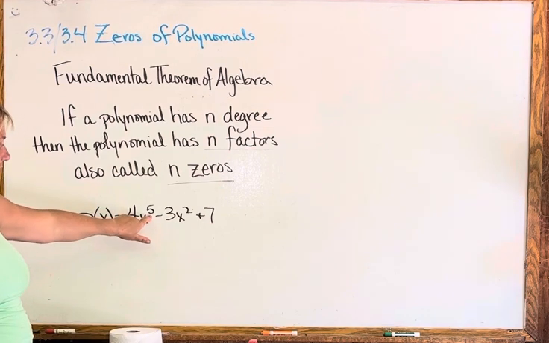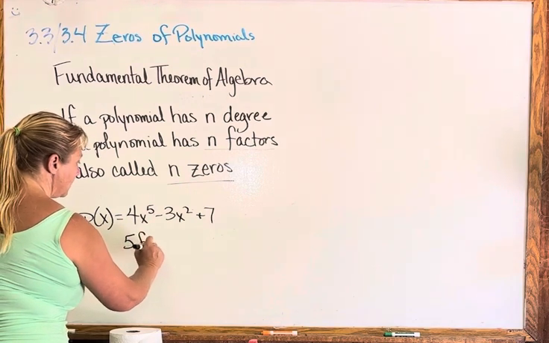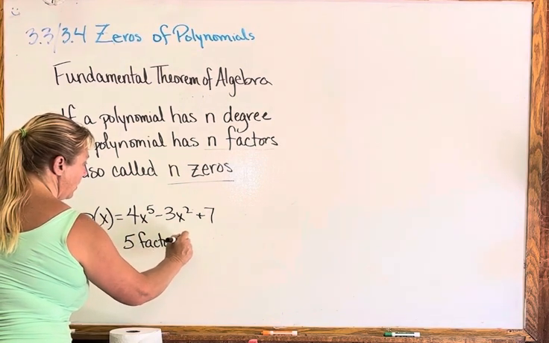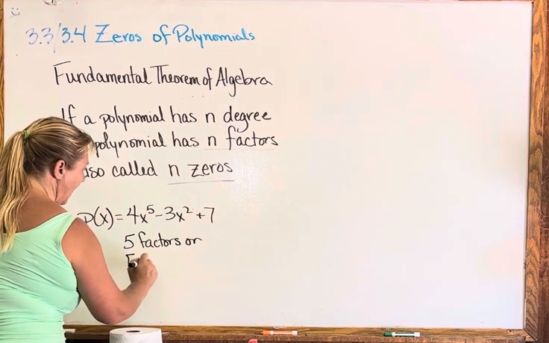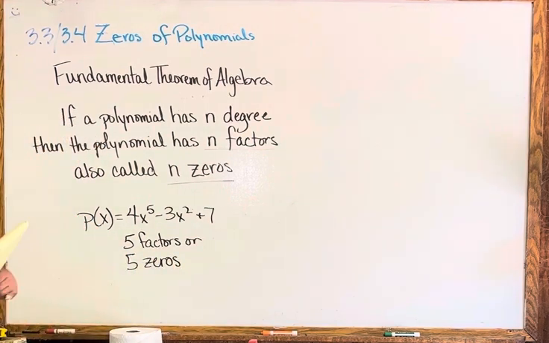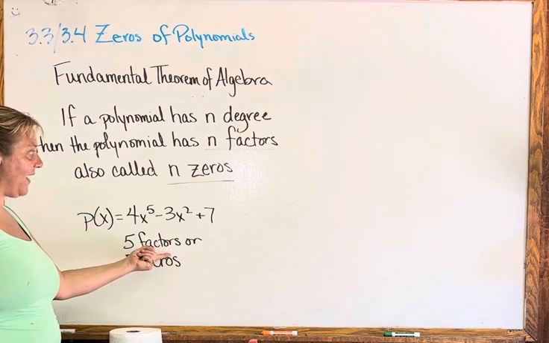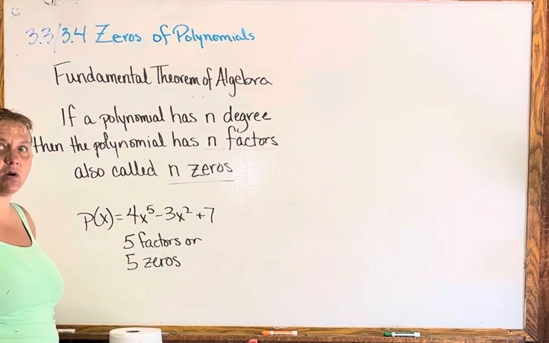Because it's a 5th degree, there are 5 factors, or 5 zeros to this polynomial. So if we're going to do our synthetic division and try to find these factors, there are 5 of them that we're looking for.